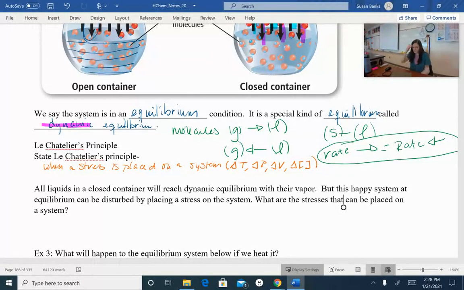So when a stress is placed on a system at equilibrium, the system will shift in such a way to relieve the stress.